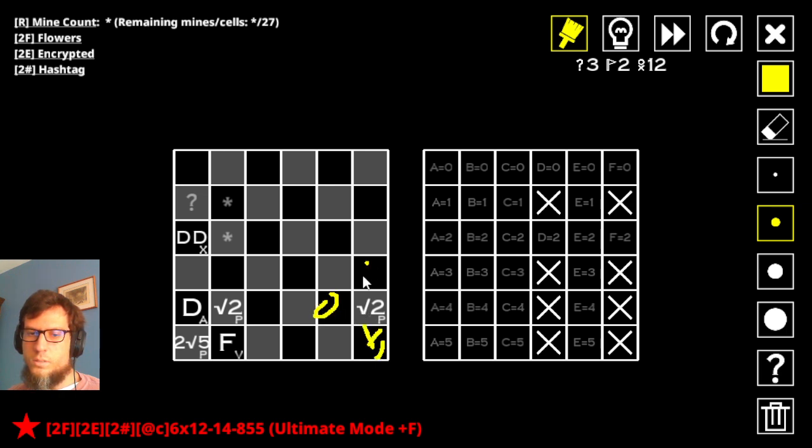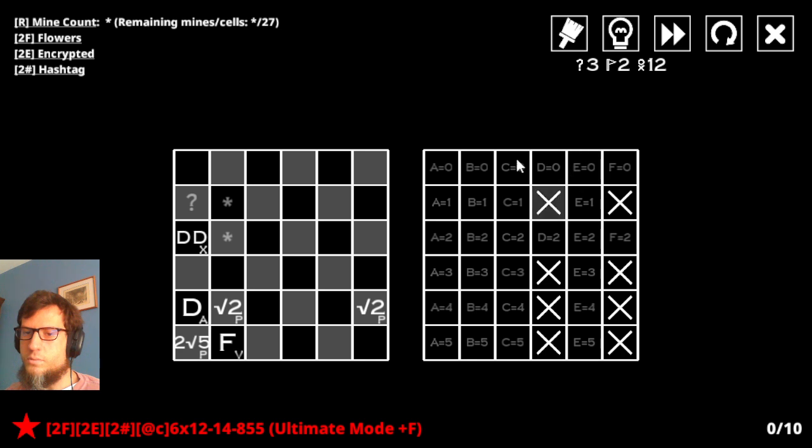This one just kills those. Okay. Oh, D and F have to be 0 and 2, so that means anything else is not allowed to be 0 or 2. Okay. Those are the only two things I have information on.